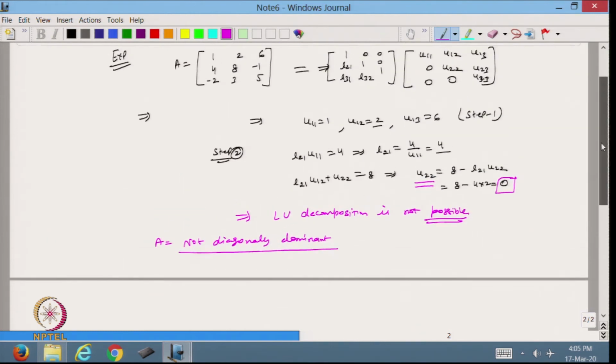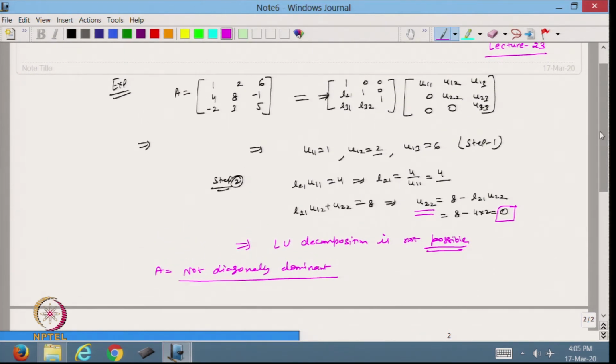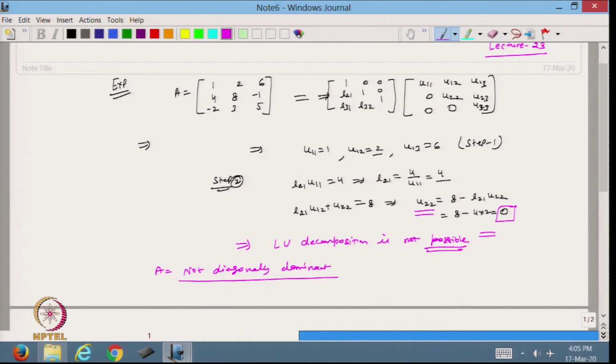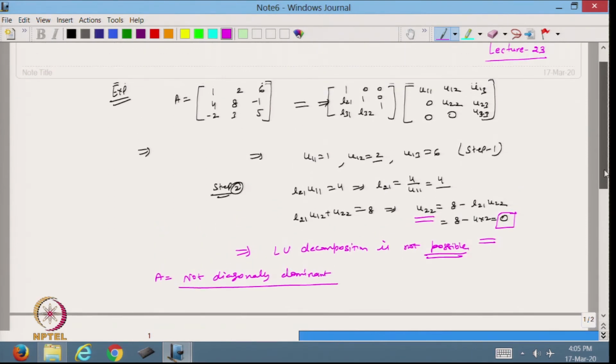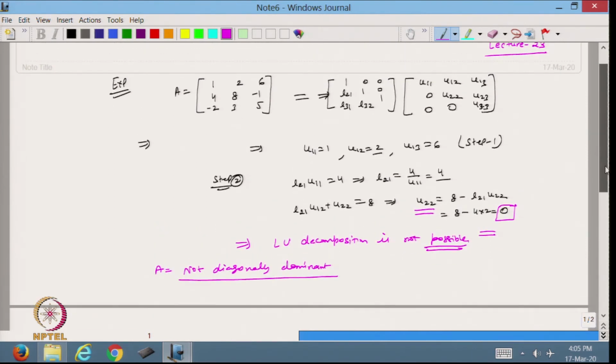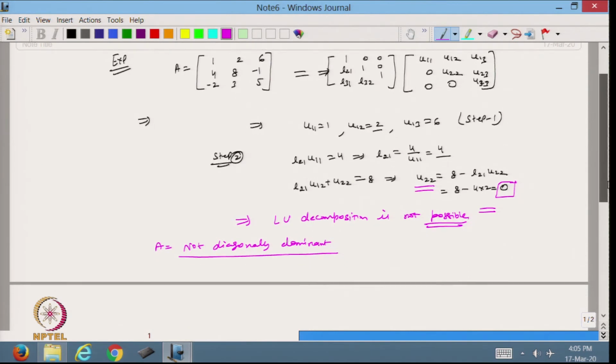It may happen that if I change this and make the matrix diagonally dominant, then when I do the LU decomposition, I may get it. So that is always there: if a matrix is diagonally dominant, then the LU decomposition is possible.